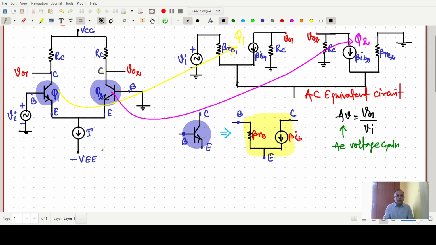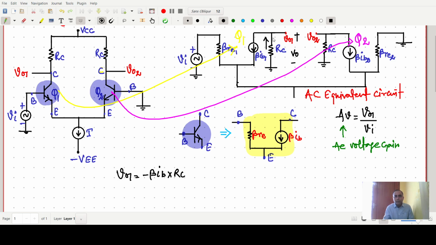So V naught 1 can be simply written as minus beta IB times RC.